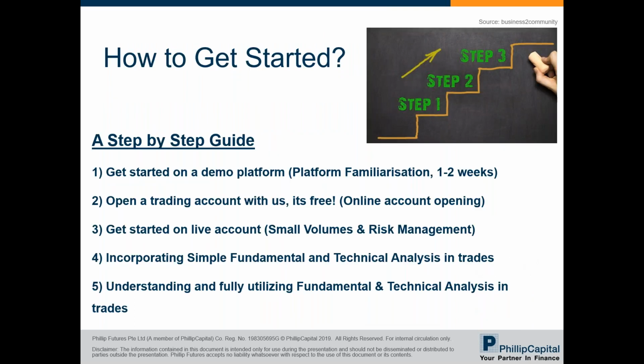So how to get started, a step-by-step guide. I would get started on the demo platform. Unfortunately, the Nova platform doesn't allow for placing of any trades as there are no funds, so it will mainly be based on platform familiarization. You can do that for about 1 to 2 weeks. And then after that, I would advise you to open a trading account with us. It's free. You can do an online account opening as well, and then you can maybe start on a small futures contract.